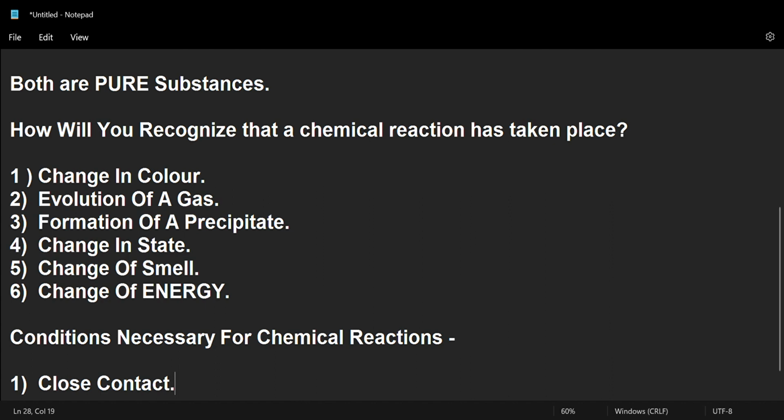These are the conditions necessary for a reaction to take place. If this is not there, a reaction shall not take place. So, for a chemical reaction to take place, the reactants must come into close contact.